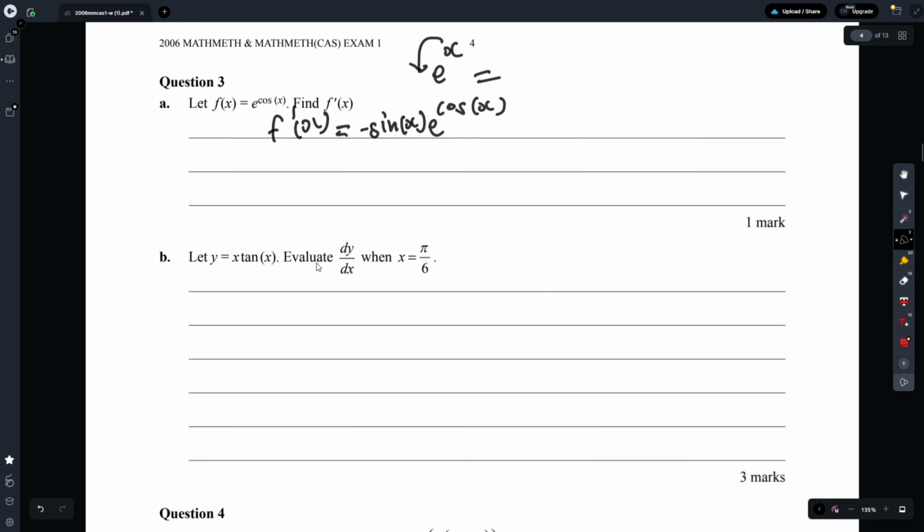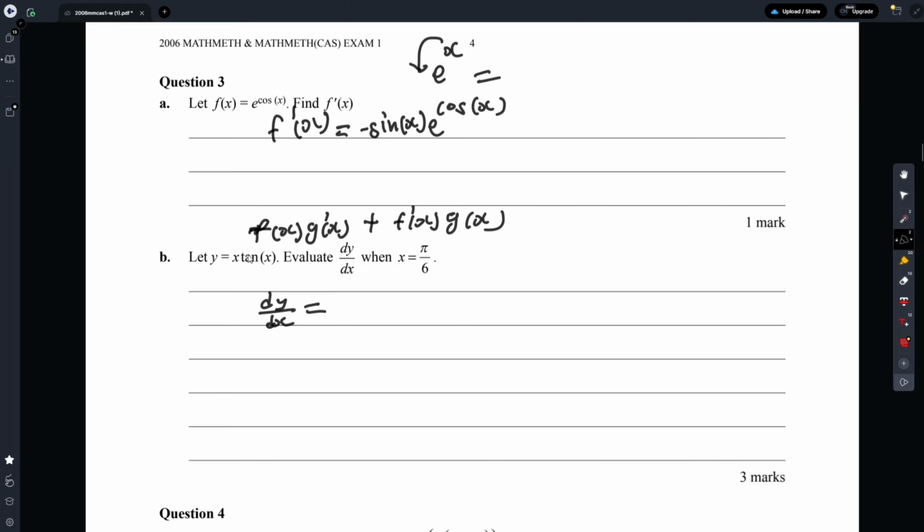Okay, let y equals x tan x. Evaluate the derivative when x equals pi on 6. Okay, derivative of y. You can use the product rule. This is our u, this is our v. Sorry, product rule. We know that the product rule is f of x times g dash x plus f dash x times g of x. In this case, we can let x equal f of x and tan x equal g of x.